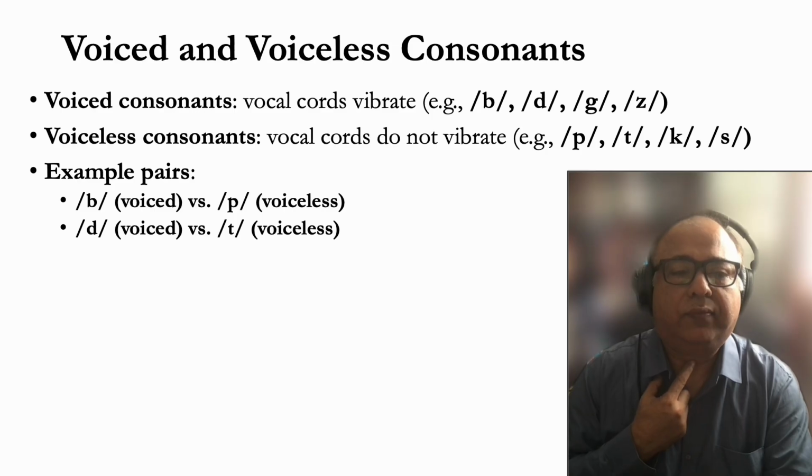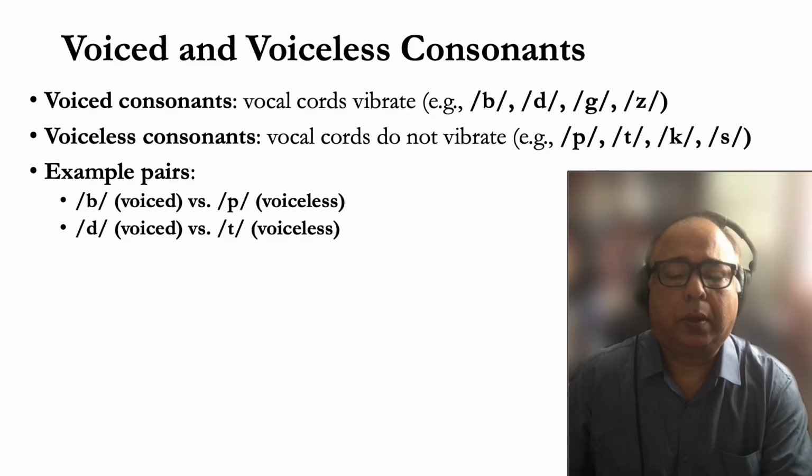Now let's look at some voiceless consonants. When we pronounce the voiceless consonants in American English, the vocal cords do not vibrate. Some examples of voiceless consonants are p, t, k, s. Did you notice that the vocal cords do not vibrate?